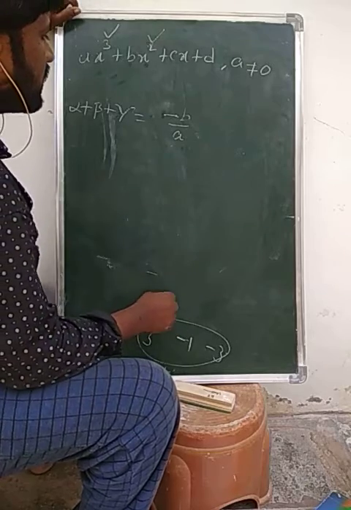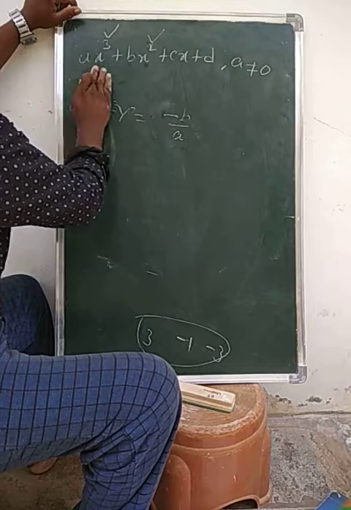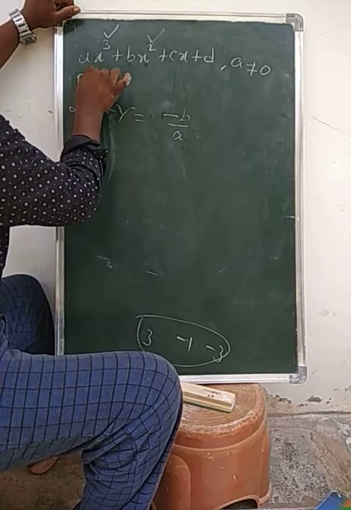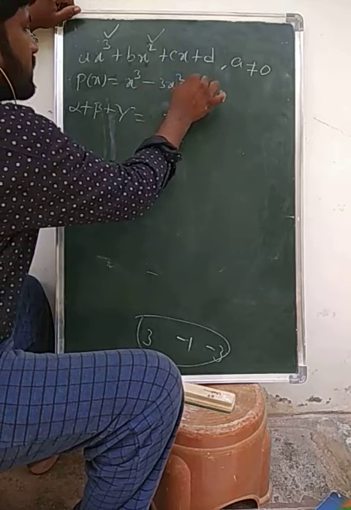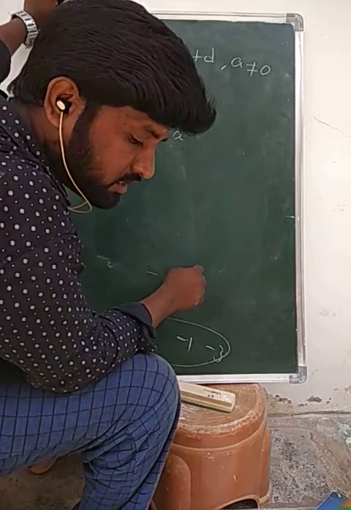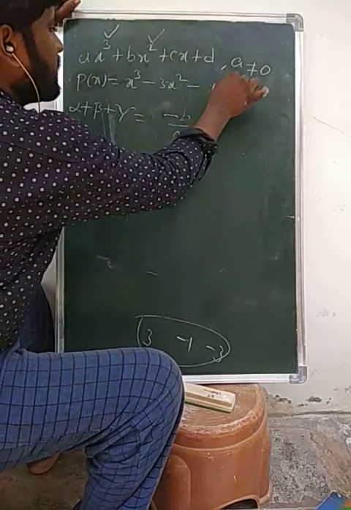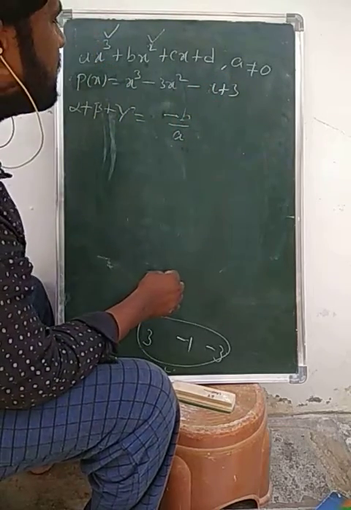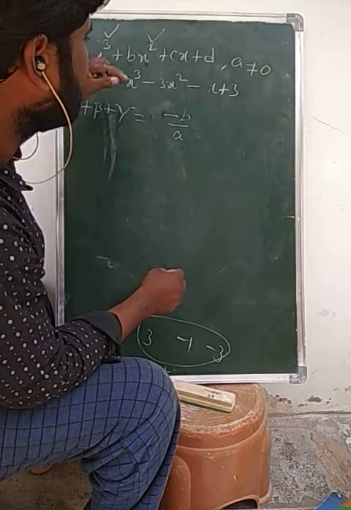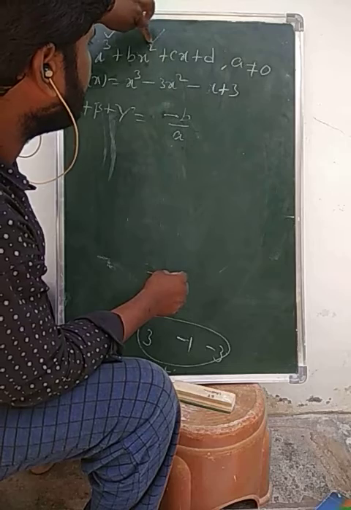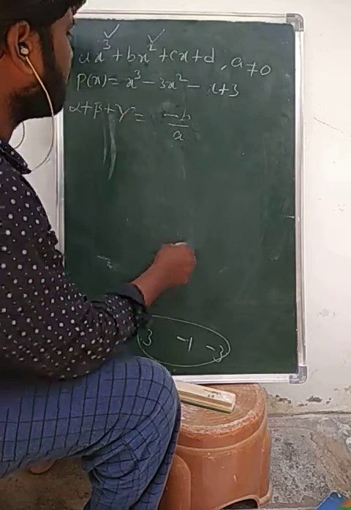The given polynomial p of x is x cube minus 3x square minus x plus 3. So alpha plus beta plus gamma, the sum of zeros, is minus coefficient of x square by coefficient of x cube, that is minus b by a.